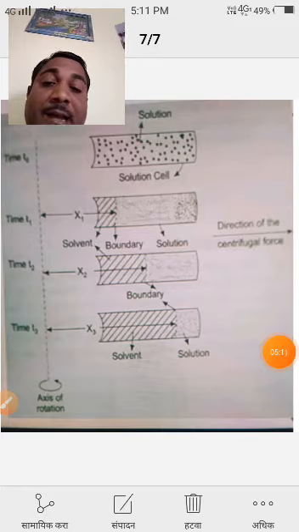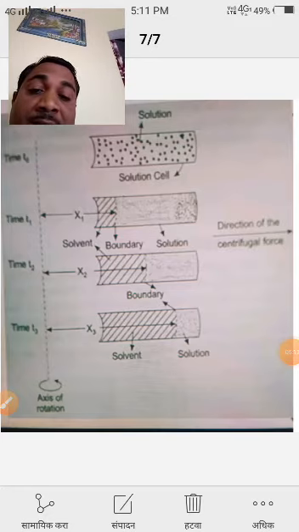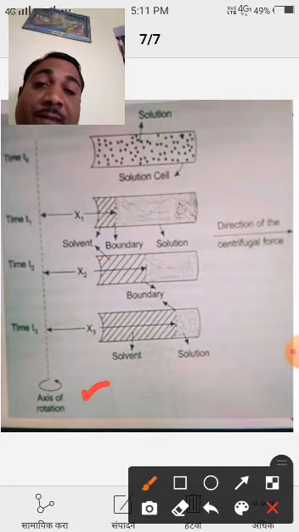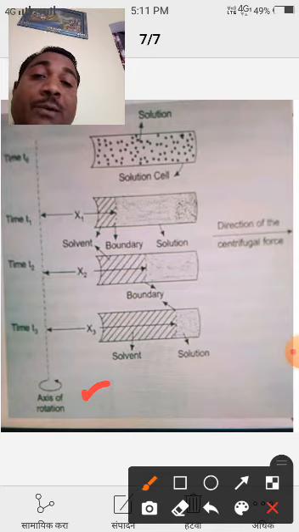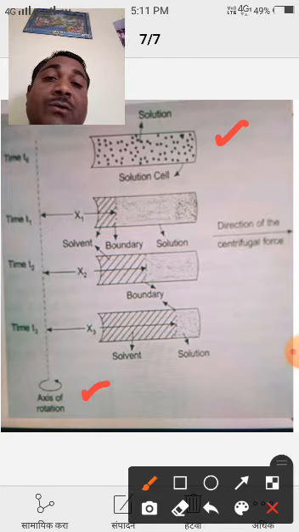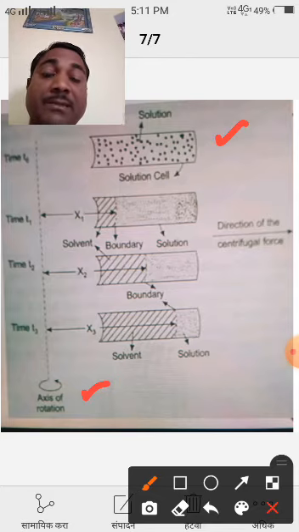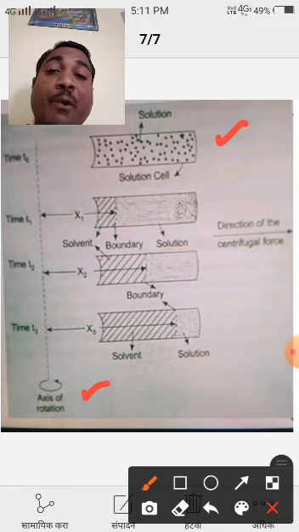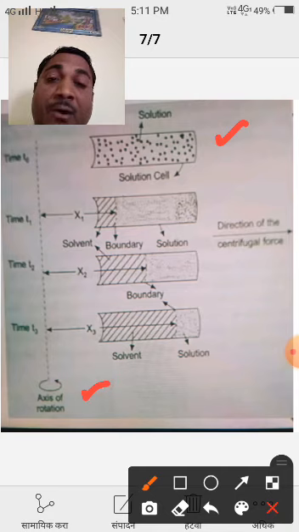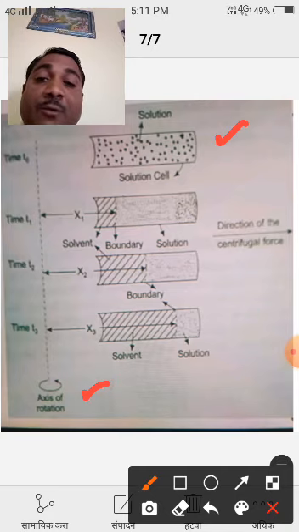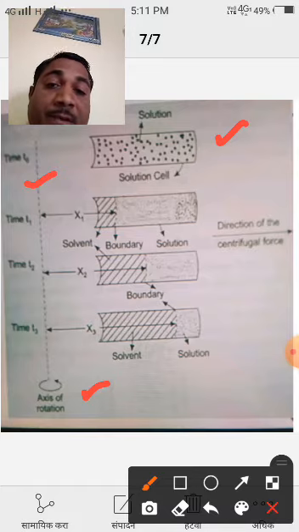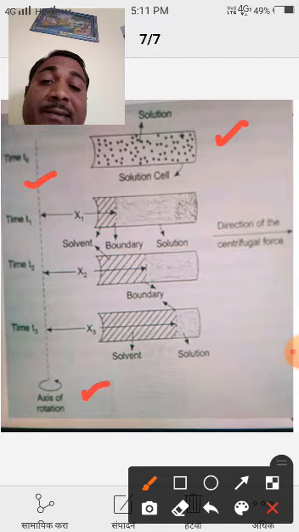In the diagram, this is the axis of rotation where the centrifuge tube is attached. The polymer sample solution is placed in the solution cell or centrifuge tube. The tube is rotated about the axis of rotation, and the reading is taken at a time t1.